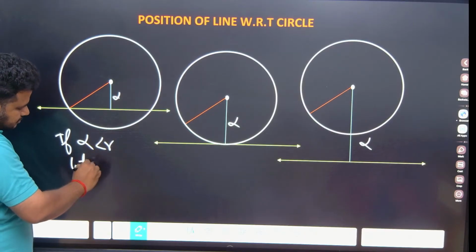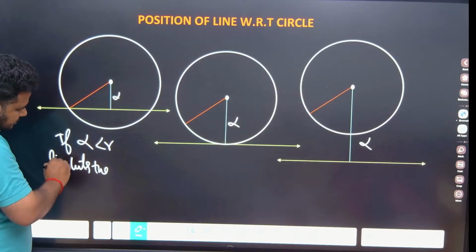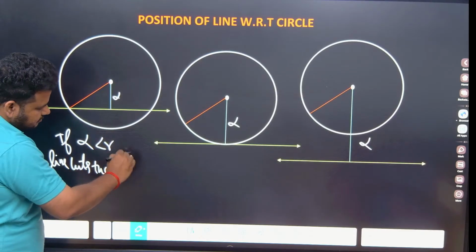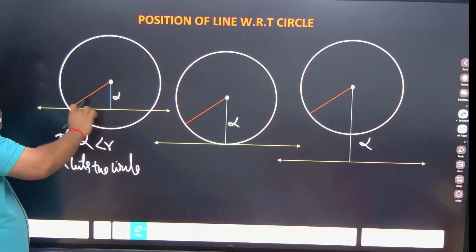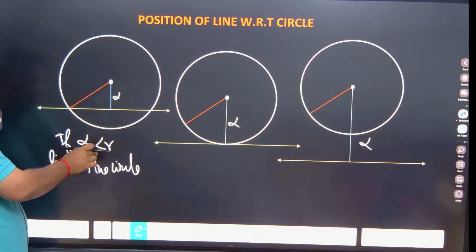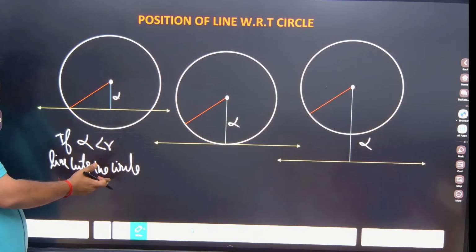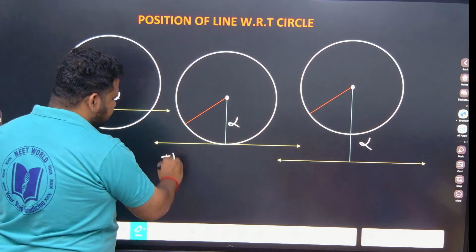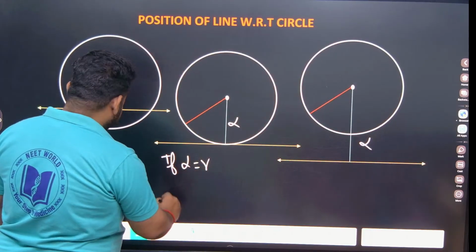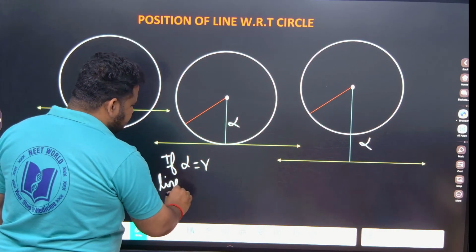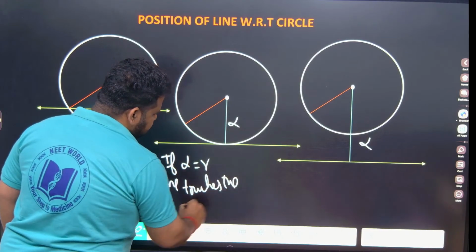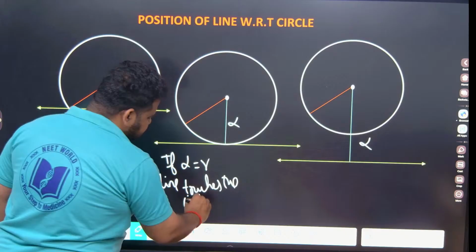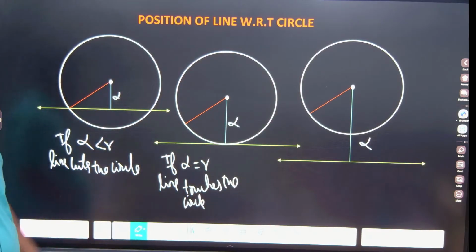Line cuts the circle. Agree or not? Alpha is the distance from the center to this line, not some point. If alpha is less than the radius, it will cut the circle. But if alpha is equal to the radius, the line touches the circle, just like power of a point.